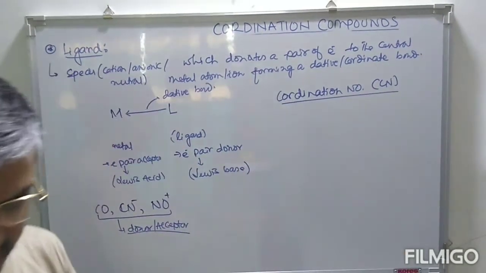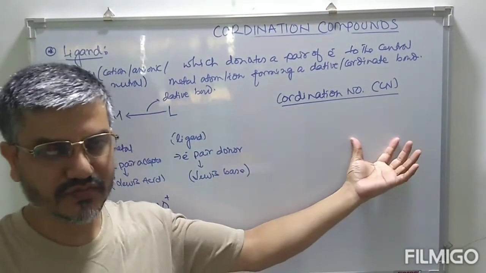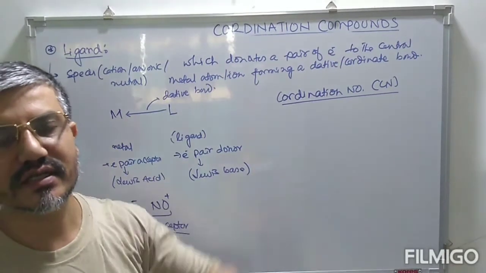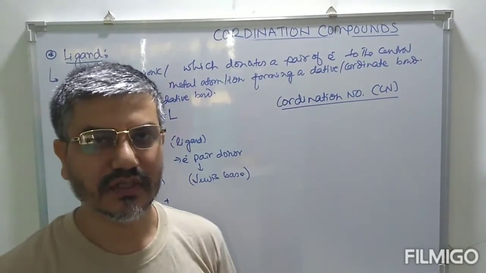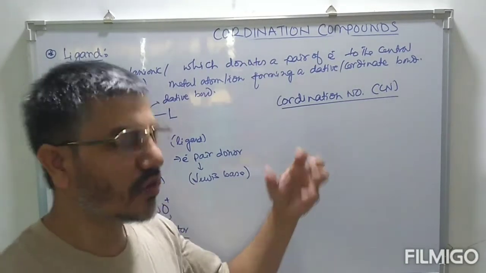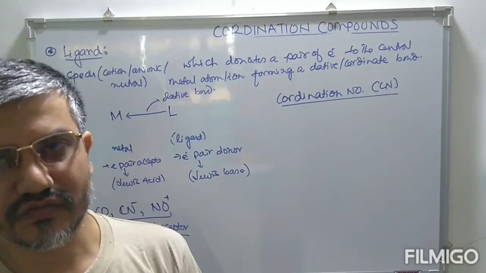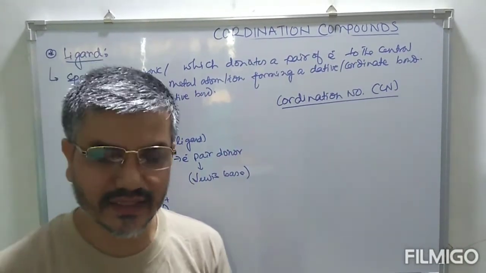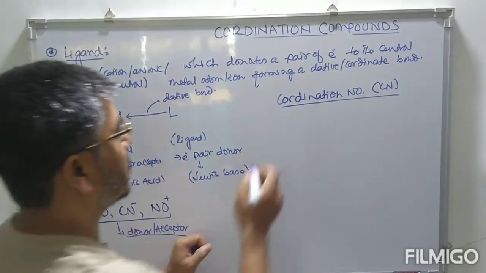So this coordination number is the number of ligand atoms that are bonded to the central atom or the central metal ion through a dative bond, or the number of chemical bonds formed between the ligand and the central metal atom or ion, that is known as coordination number.